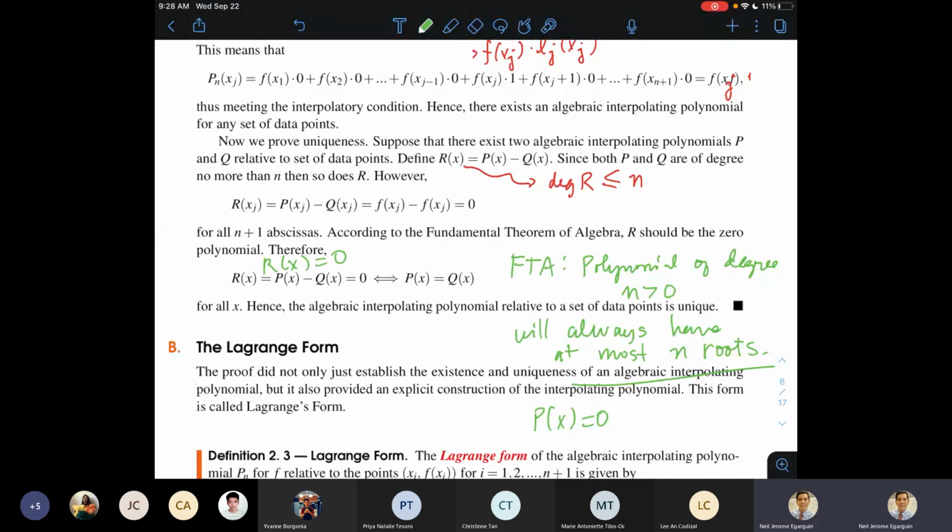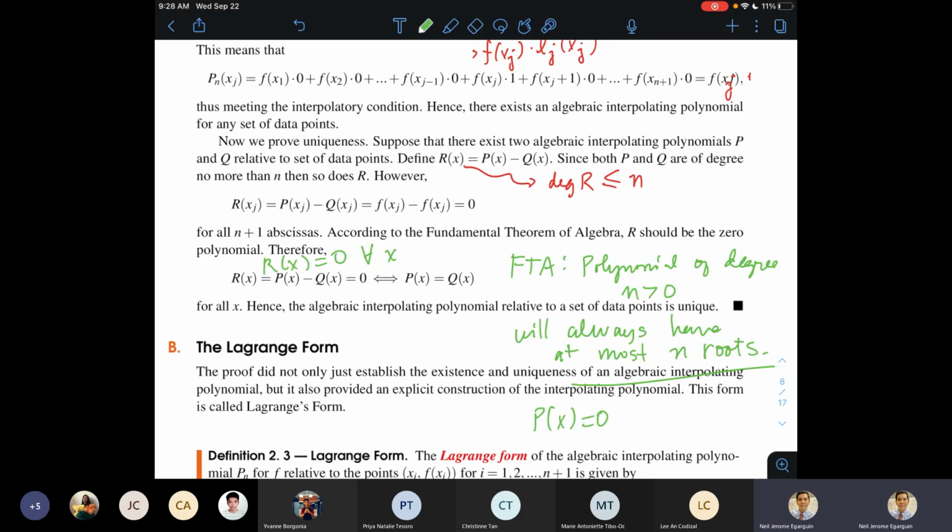Though nice tries, Christine. I think I know what you're getting at. But this is the precise reason why mafo-force tayo ng R of x ay equal kay 0 for all x's. Hindi lamang dun sa mga x sub j's. Kasi kung papayag tayo na ang degree niya ay greater than 0, tapos meron siyang n plus 1 roots, which are exactly the given x sub j's, mabaviolate natin yung fundamental theorem of algebra.